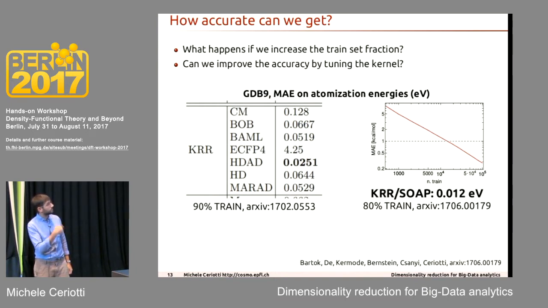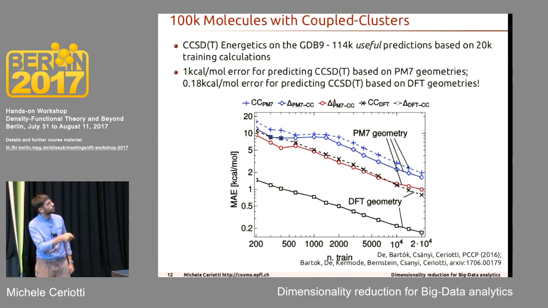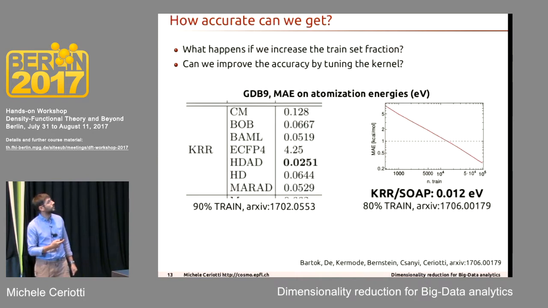So, for instance, using this scheme, here we stopped at 20,000 structures because computing coupled cluster energies is expensive even for small molecules. But if you restrict yourself to the academic exercise of learning DFT starting from DFT, we can push it up to 100,000 and we bring the error down to basically a kilojoule per mole.